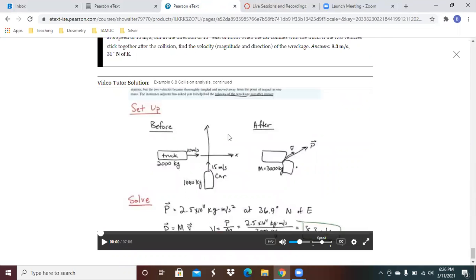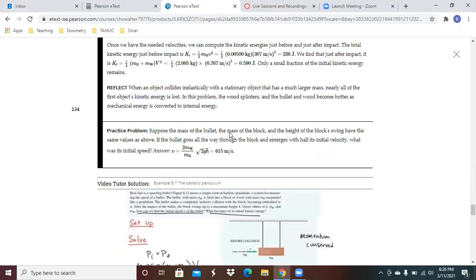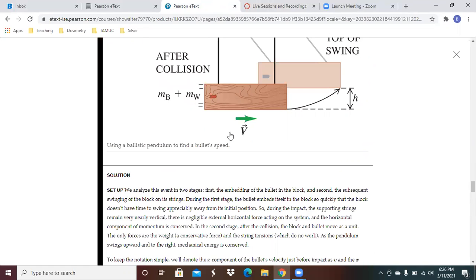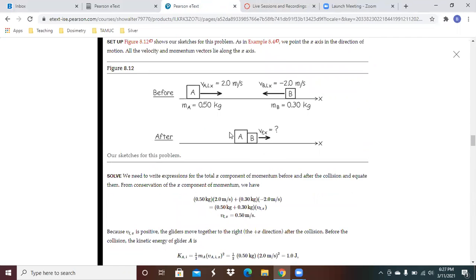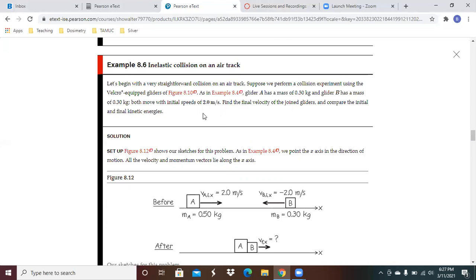Quite a few problems. Let's pick one. So let's take a look at this one. We've got a straightforward collision on an air track.